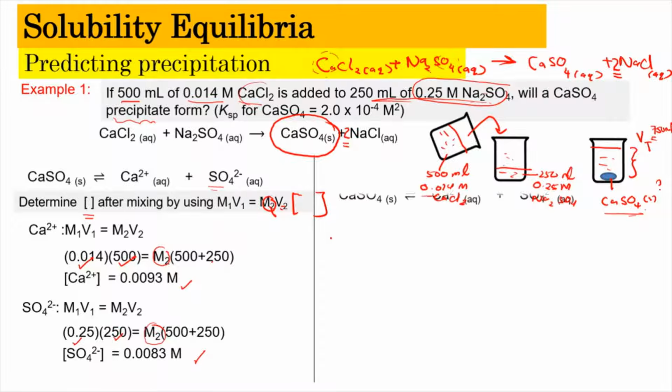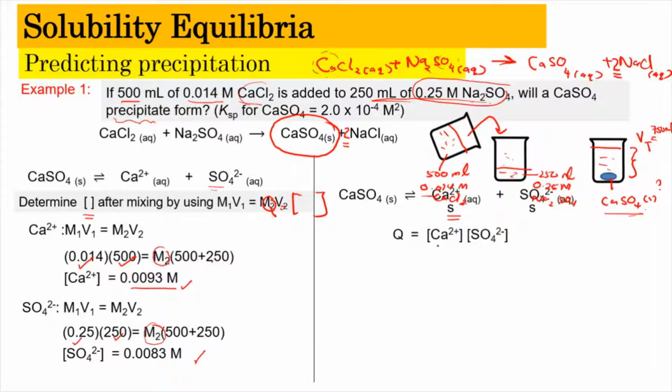And this will allow us to find the value of Q. When the CaSO4 solid dissolves to make its aqueous ions, it's going to dissociate to form S and S concentration. So we can find the Q, which is the Ca2+ aqueous, multiplied by its respective ion, SO4 2-.